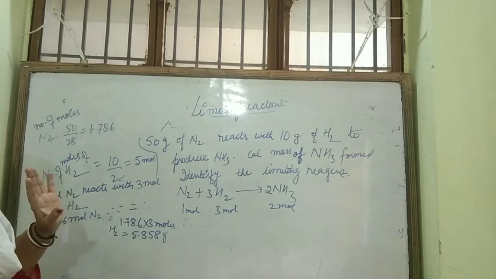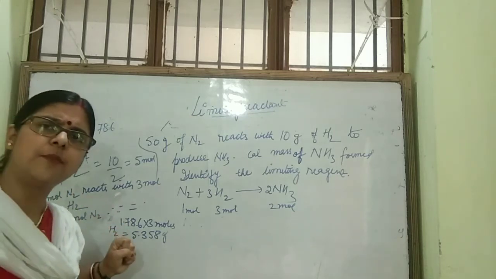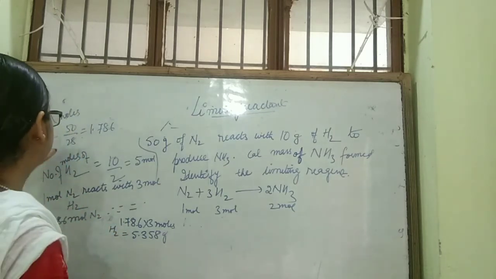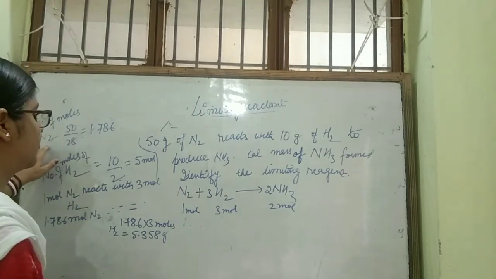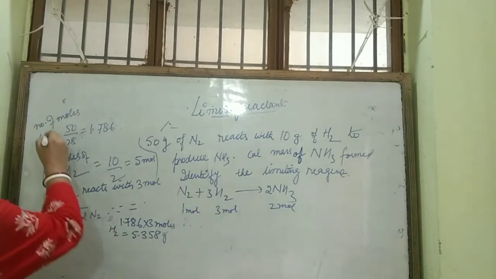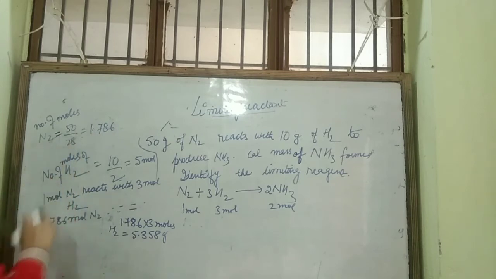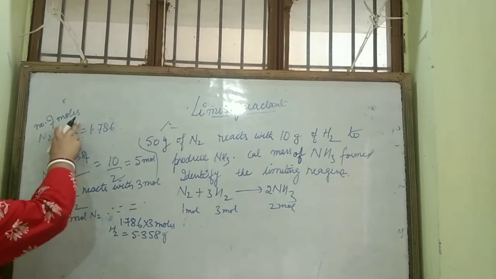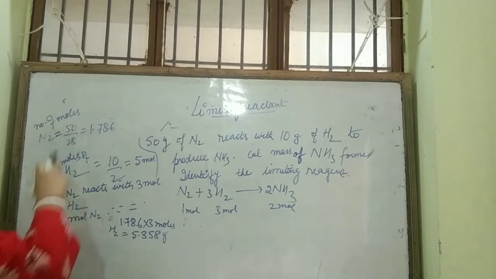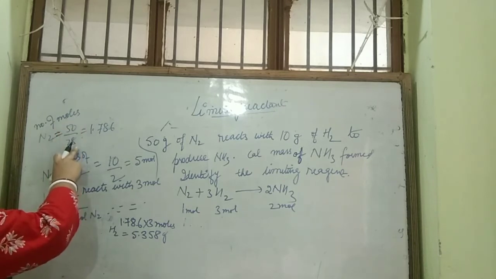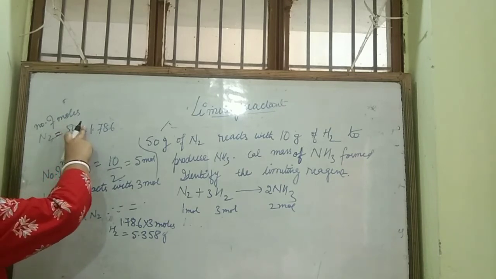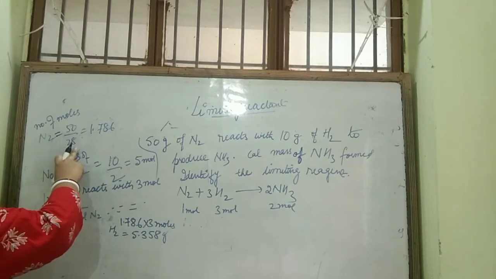Number of moles of nitrogen will be 50 by 28. I don't think you have any confusion in calculating number of moles: 50 is the mass, 28 is the molecular mass.